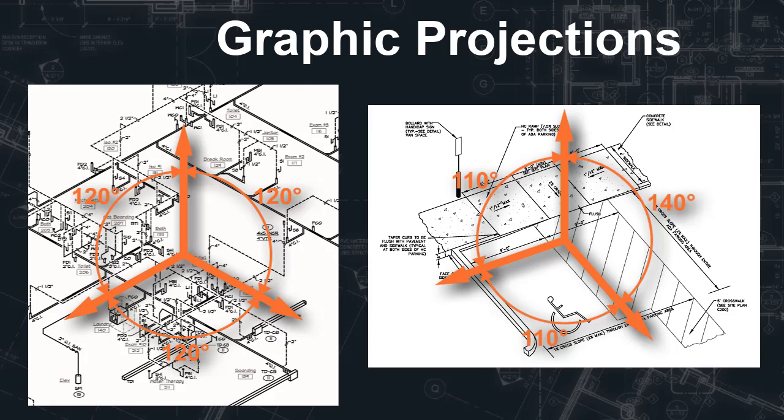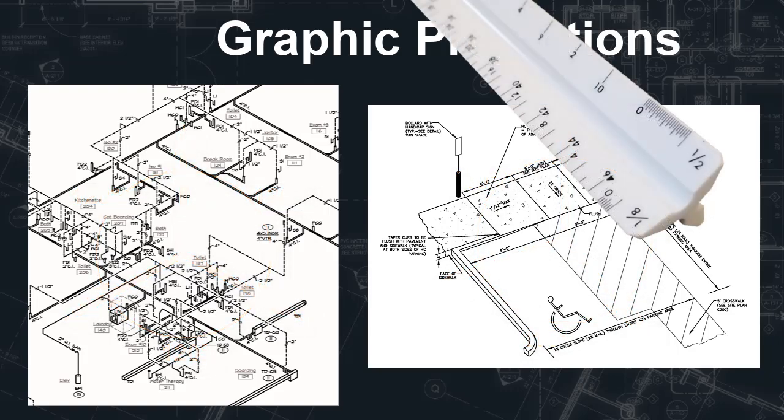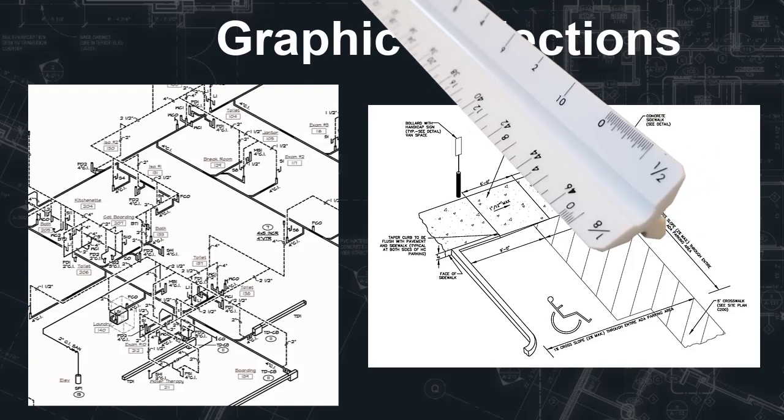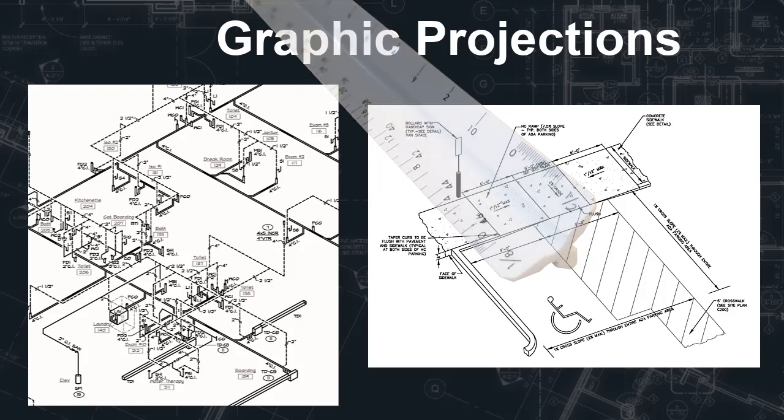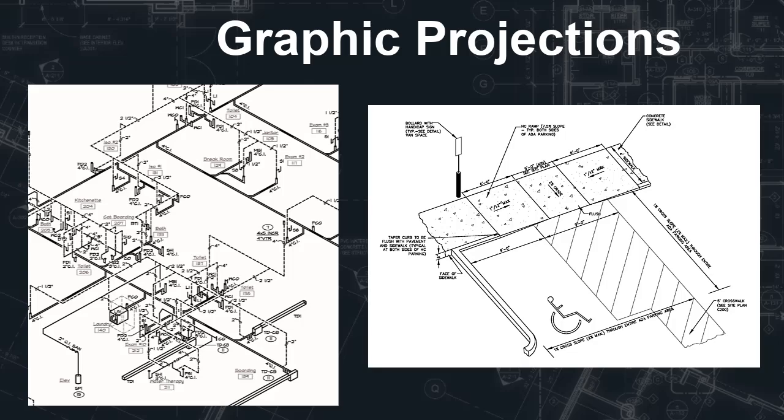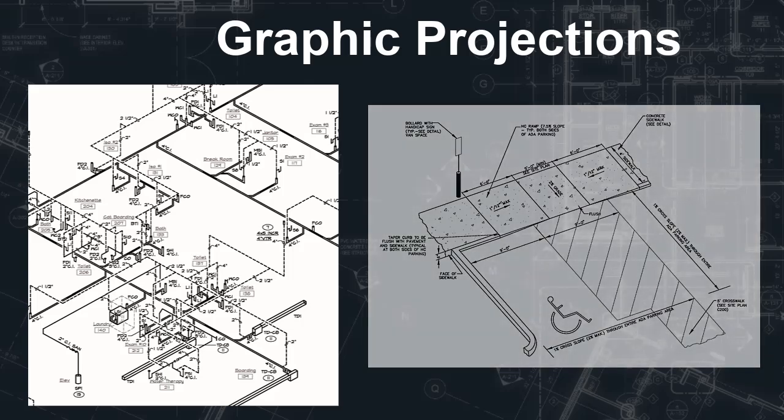But in the case of the handicap ramp, the angles are slightly off, and it wouldn't be an isometric, but they usually refer to them as isometrics. The other thing that we see is that you can scale these drawings. In other words, if you used a scale to measure these drawings, you'll find that it works. Now, most often they actually say that these are not drawn to scale.